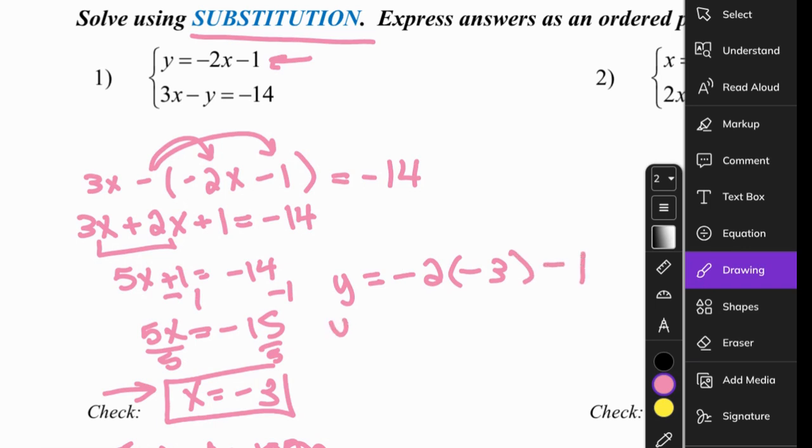So we simplify: y equals 6 minus 1, y equals 5. So now that we've done substitution, we have our two values.